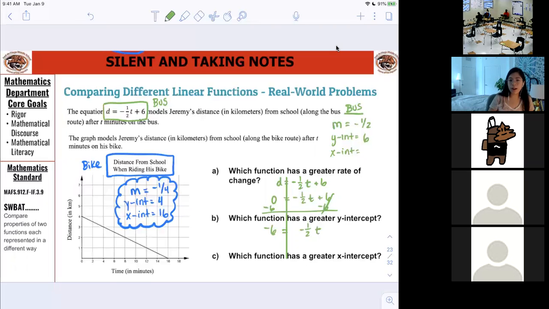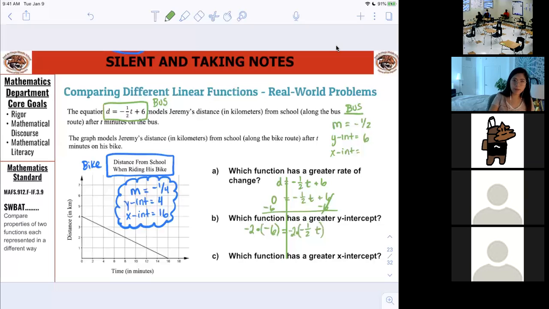But even better, I have a negative fraction, and I want to get rid of that negative as well. So I'm going to multiply by negative 2, the whole thing, and negative 2 on the other side as well. I'm doing that to eliminate the fraction. Anytime, if you've got a fraction, multiply by the denominator.